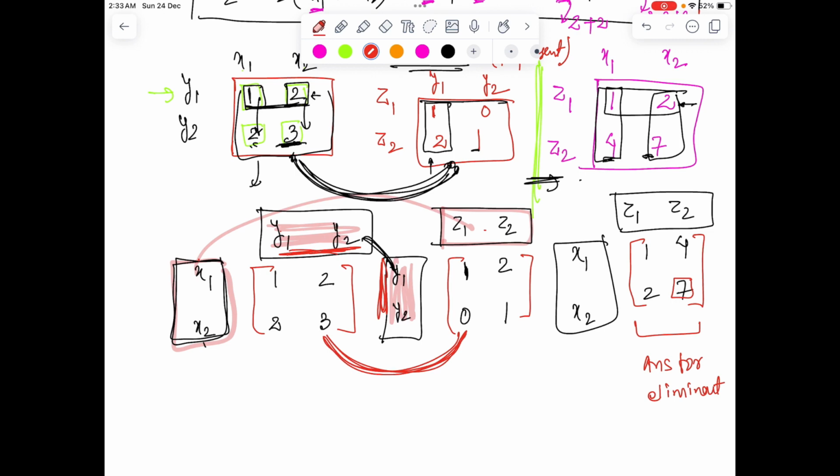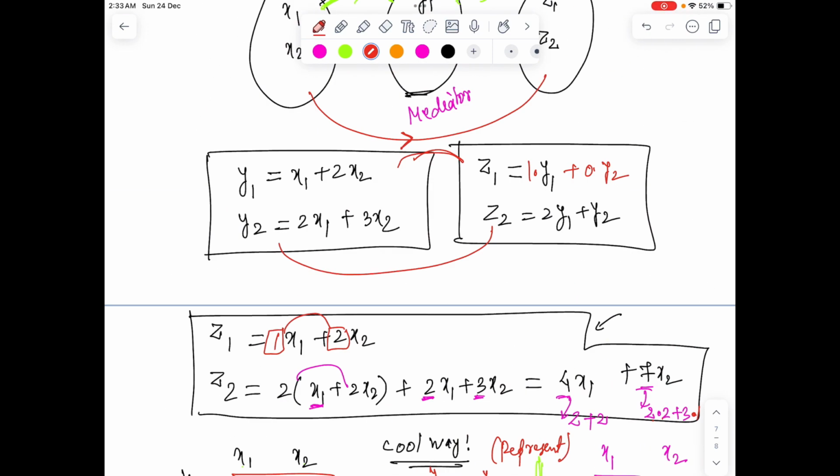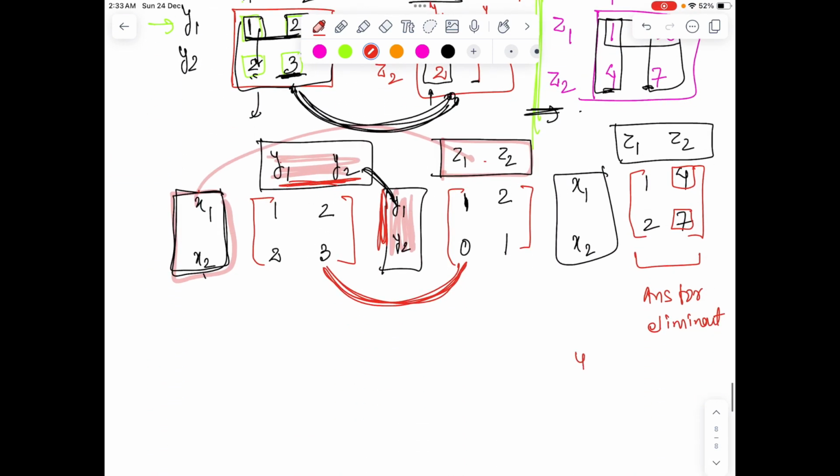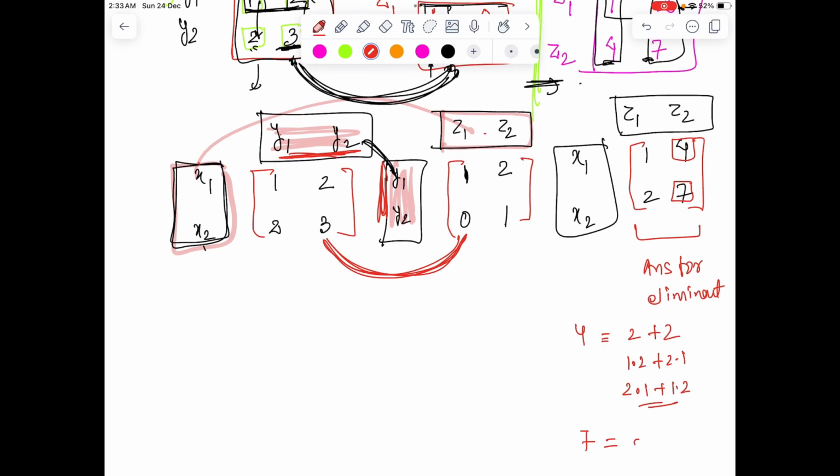And 4 came from 2 plus 2, so that can be written as 1 into 2 plus 2 into 1. We want to see the pattern, trying to find the rule of the game, or 2 into 1 plus 1 into 2 kind of a structure. 7 came from 2 into 2 plus 3, so either I can write 3 into 1 or 1 into 3 by the commutative property.